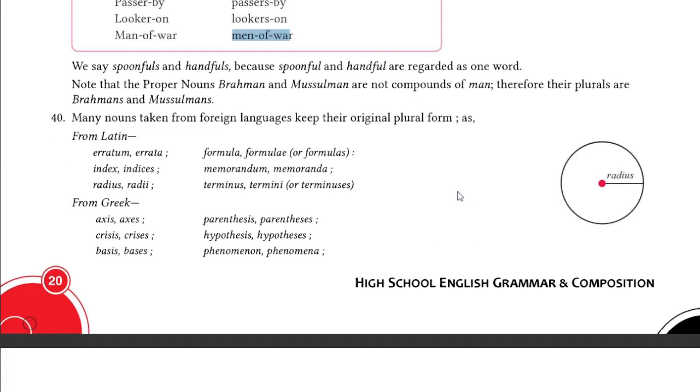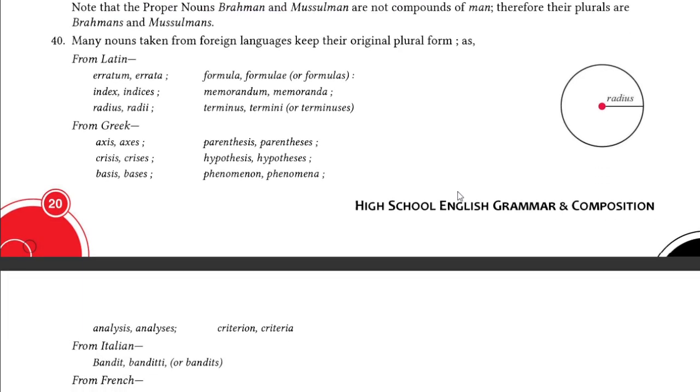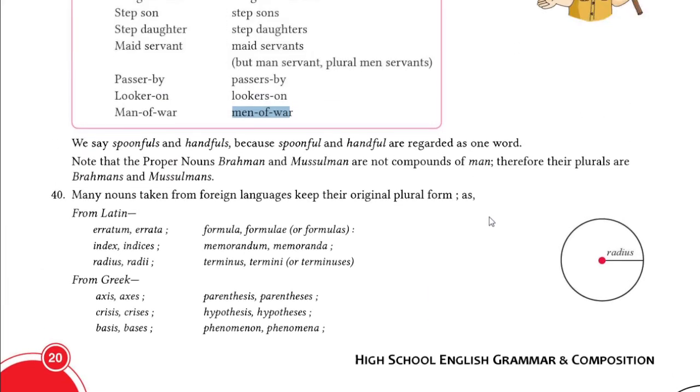English has borrowed words from other languages like Latin, Greek, Italian, French, and Hebrew, etc. Both singular and plural forms have been borrowed from these languages.